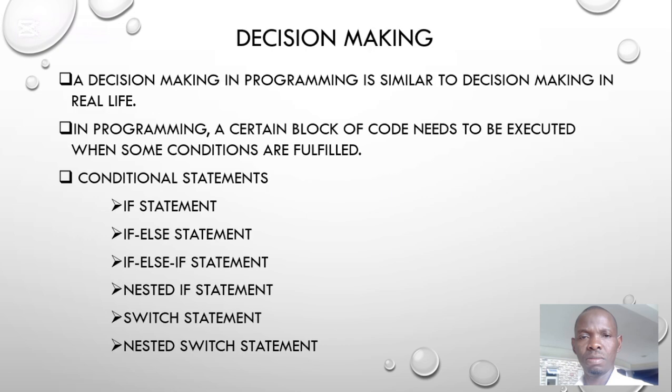Decision making. Decision making in programming is similar to decision making in real life. In programming, a certain block of code needs to be executed when some conditions are fulfilled. Some examples of conditional statements are the if statement, if else statement, if else if statement, switch statement, and the nested statement.